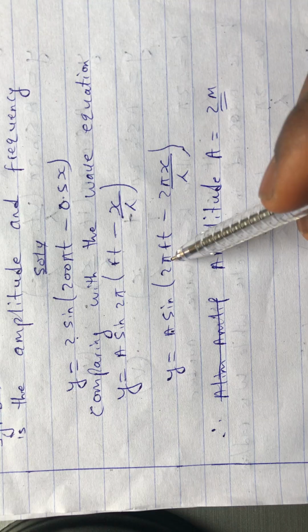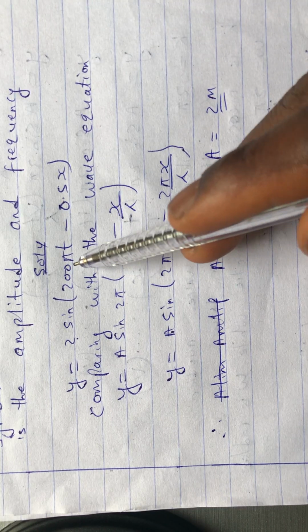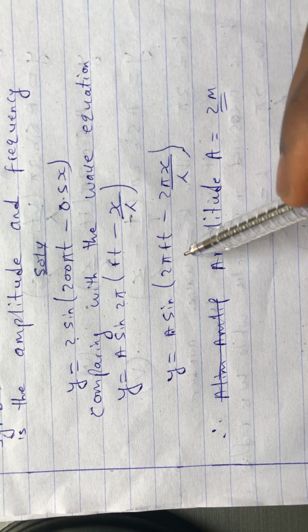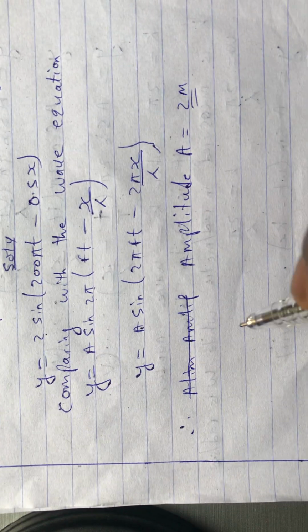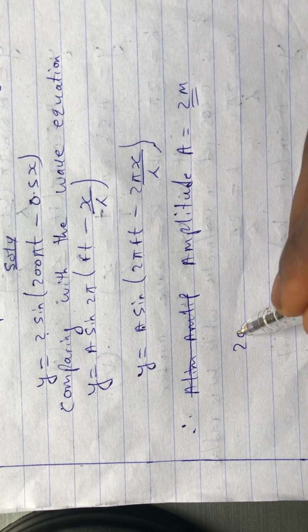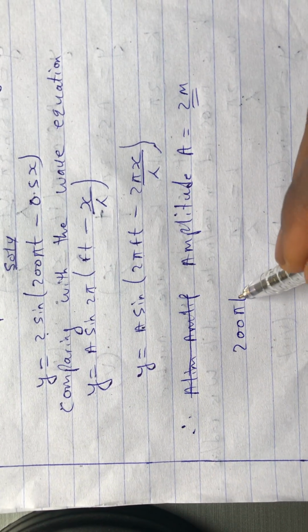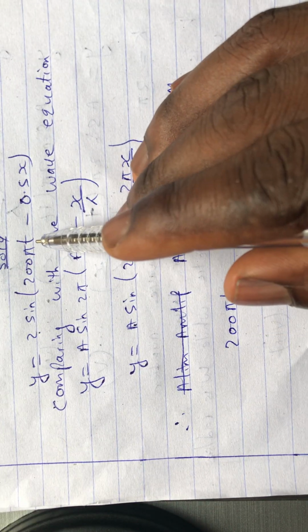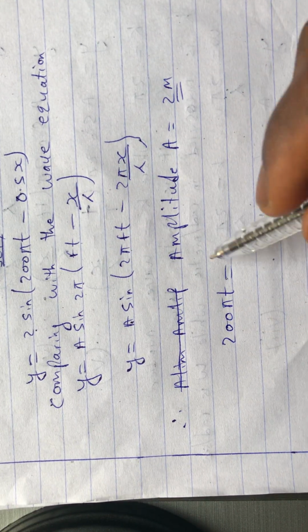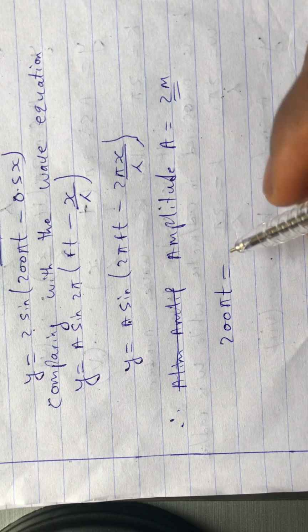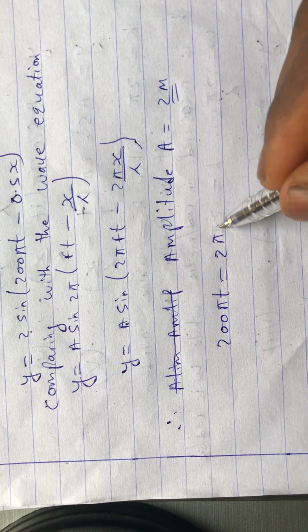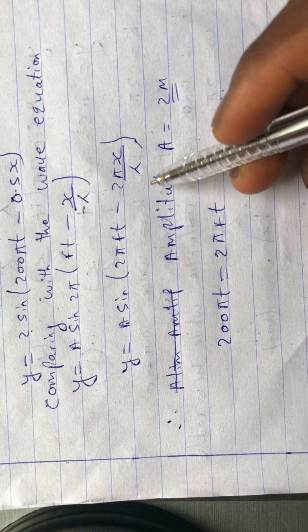So you simply compare the two formulas together. We have 200 pi t, which is this first one, equal to 2 pi f t, which you compare it with.